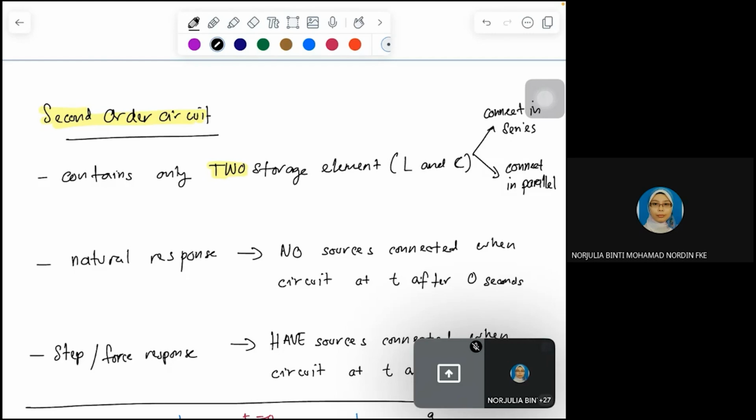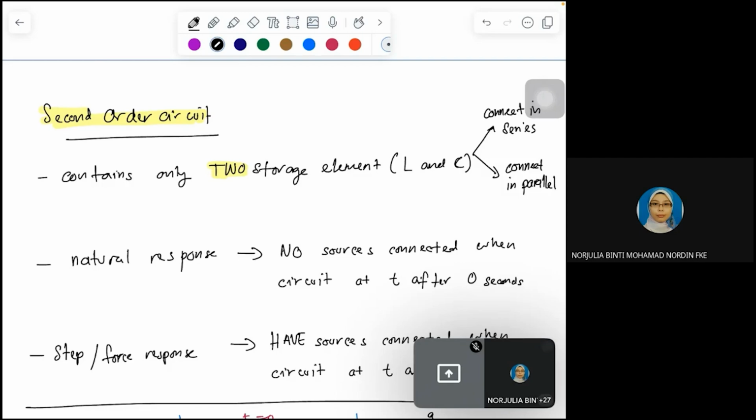This second order circuit, we can analyze whether it's in series RLC or parallel RLC. There is another configuration, which we call series parallel RLC. That particular configuration is out of your syllabus. So in your syllabus, we only focus on series RLC or parallel RLC.